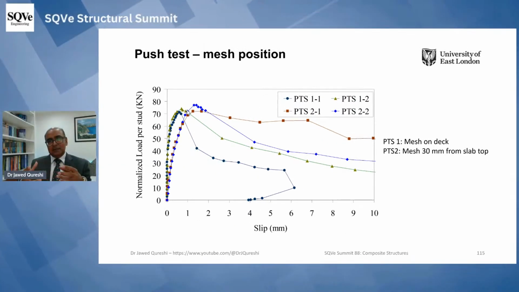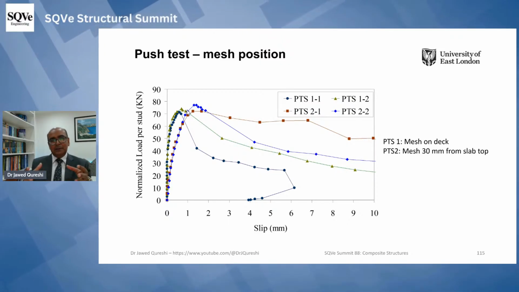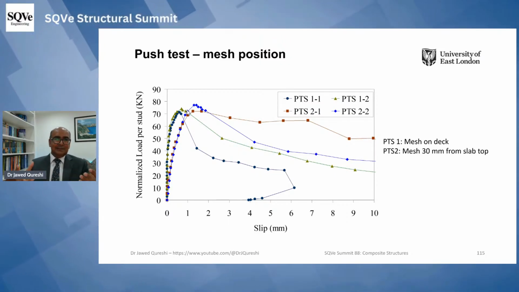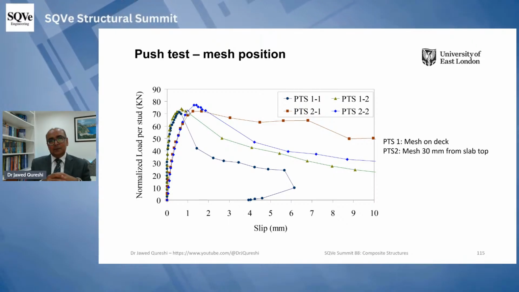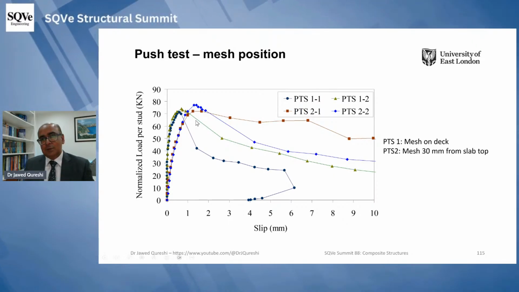But we cannot generalize, because it will depend where you're positioning the mesh. And in my view, putting mesh either on the deck or 30 millimeter from top of the slab does not make much difference. And I think that this data is quite reliable. Now, how about number of layers?